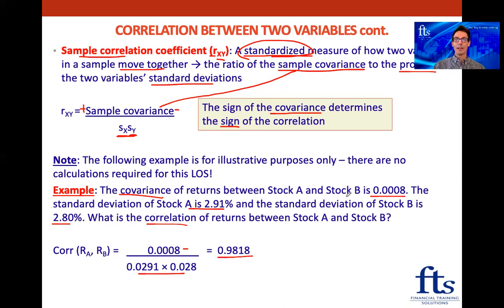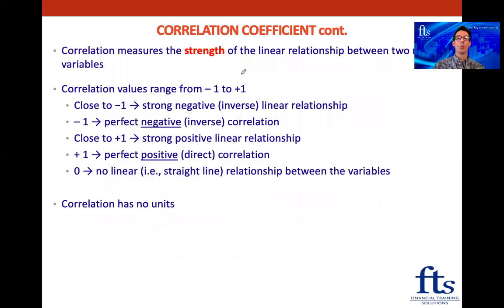So now let's investigate this correlation in more detail, because it's a very, very important number. So what does it do? As I was alluding to a little bit earlier, correlation now measures the strength of the relationship between the two random variables, whereas the covariance didn't. Covariance wasn't measuring strength.